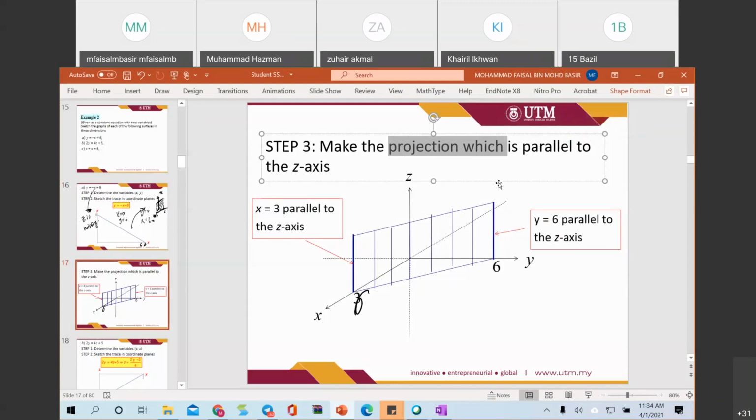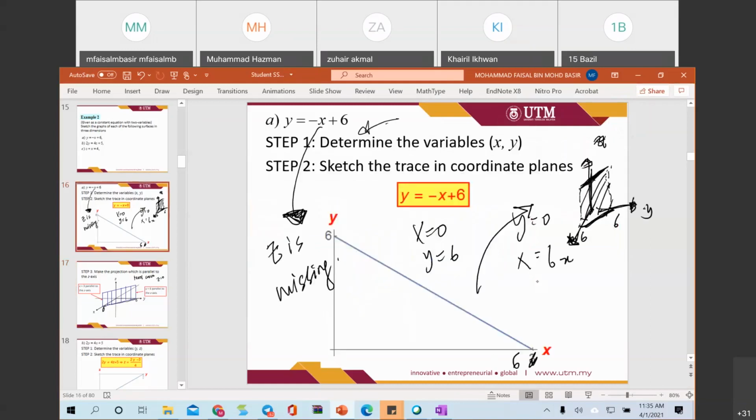Actually, it is not missing. We will learn later about what we call the level curve. So let's say we put z equals 0. So it is this line. Of course, z is 0 because there is no z here.